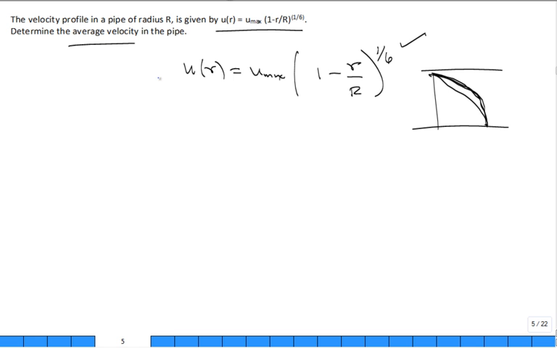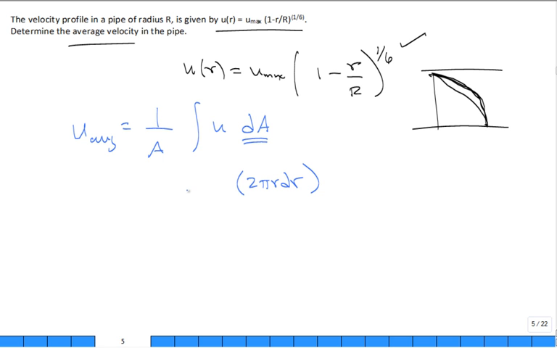Well, you would go back to u average is equal to 1 over the area integral of u as a function of r dA. To make this integration over the whole area, you would use 2 pi r dr, and that's basically that ring. You would sum up over rings as you go out further and further from the center line.